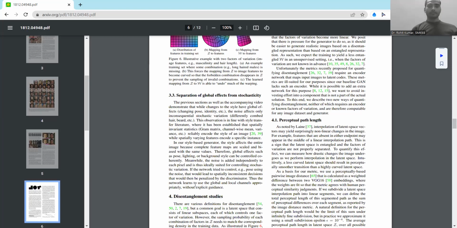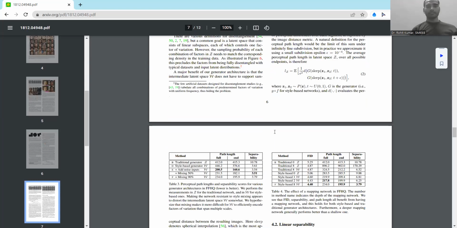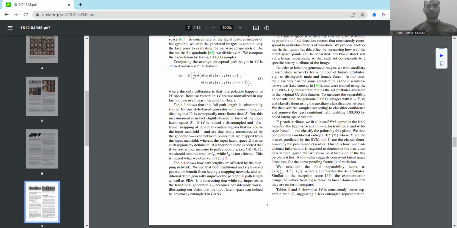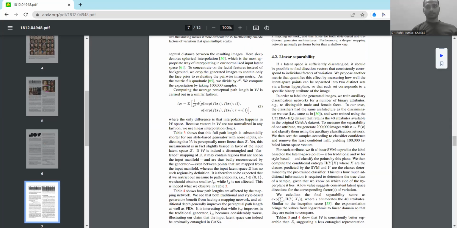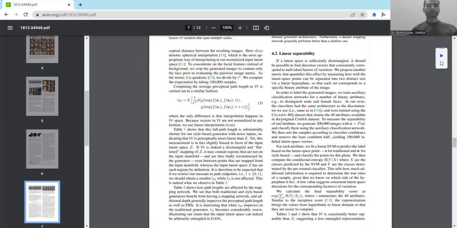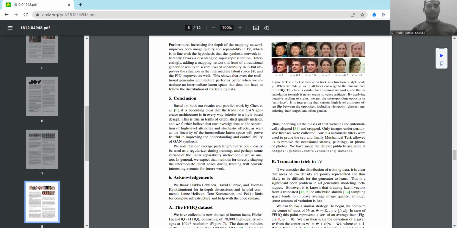Then disentanglement studies they have discussed in the form of perceptual path length. Then the second thing is the linear separability. And then they have the specific conclusion with respect to the results and the parallel works with respect to other authors.